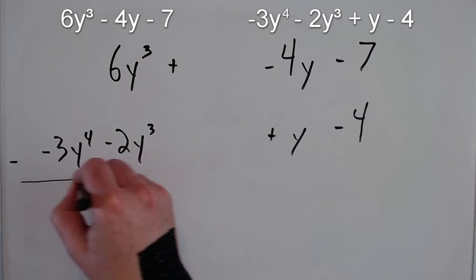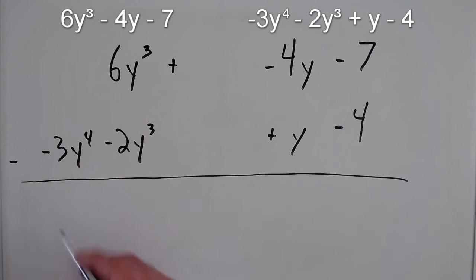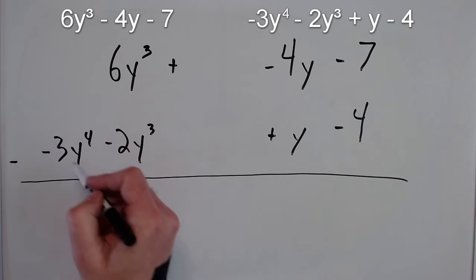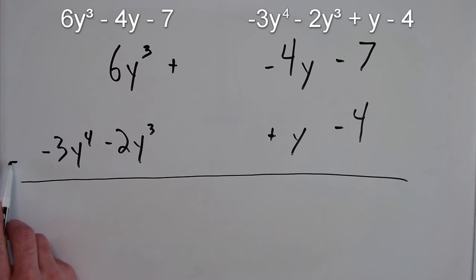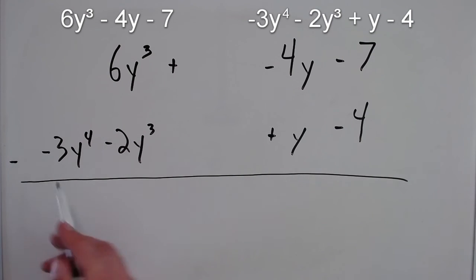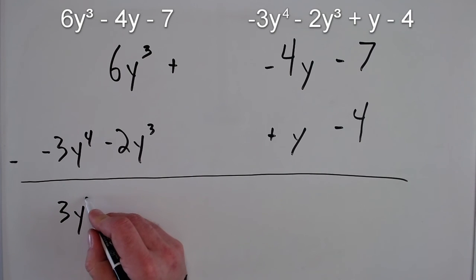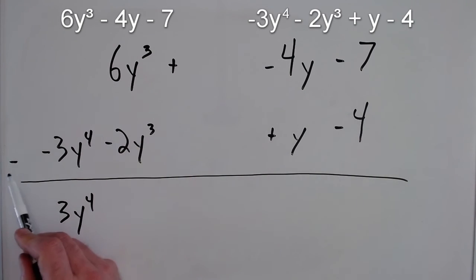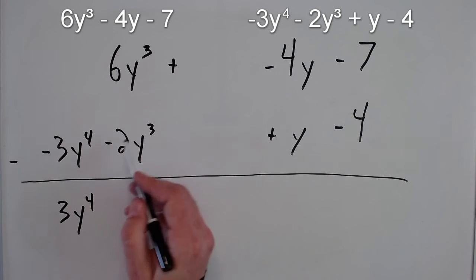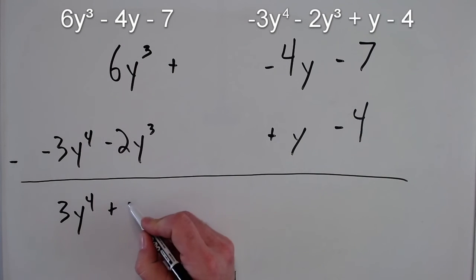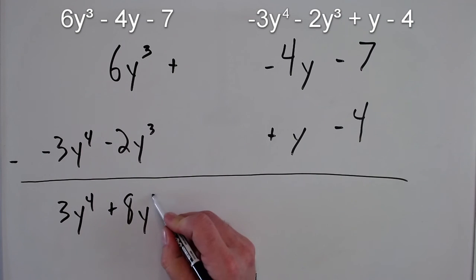So now, there's something minus a minus 3y squared. So remember, this minus sign out here is important. So minus a negative. This ends up being a positive 3y to the 4th. 6 minus a negative. So we're actually adding 2 plus 8y cubed.